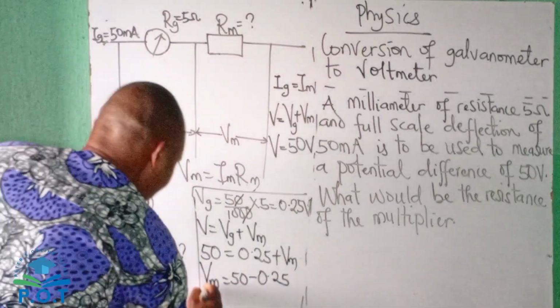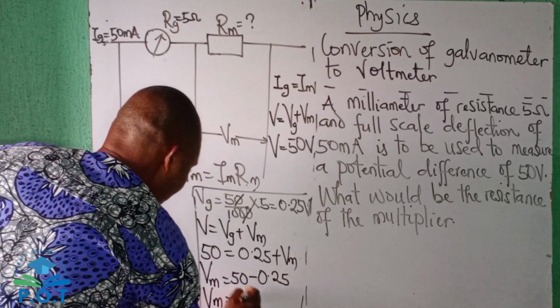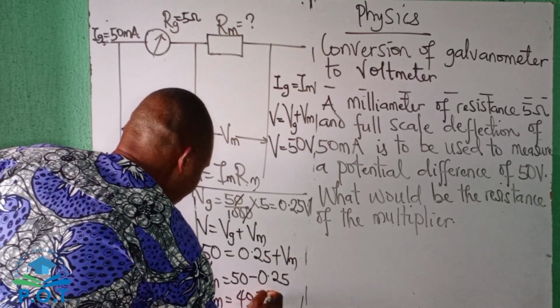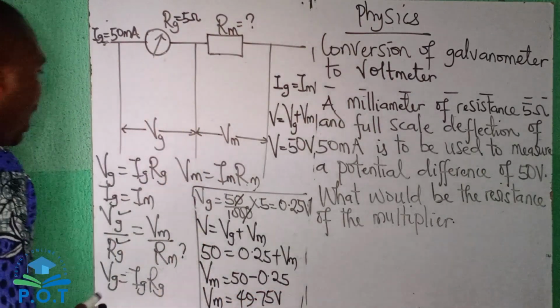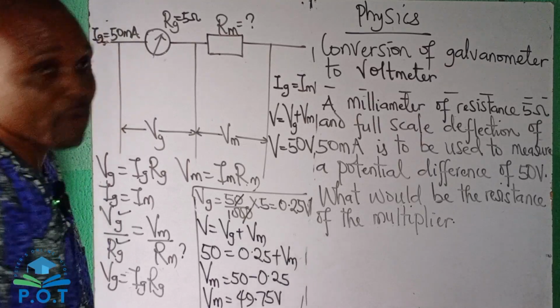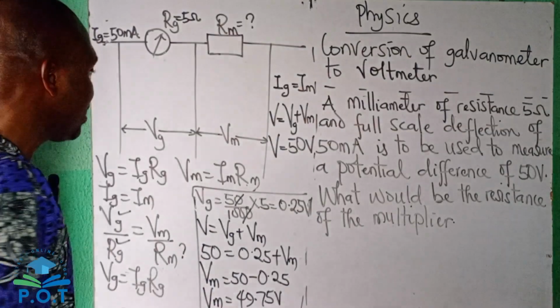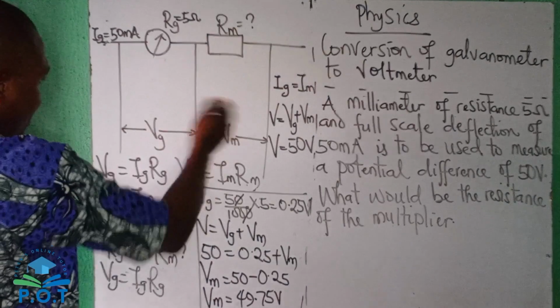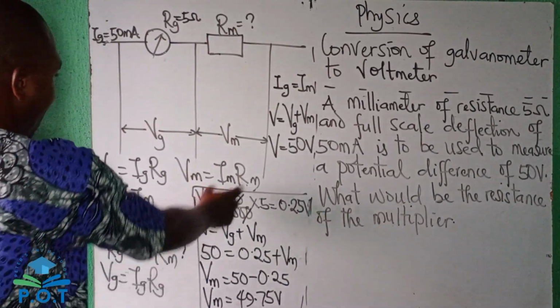That gives me my Vm as 49.75 volts. That is the PD across the multiplier.